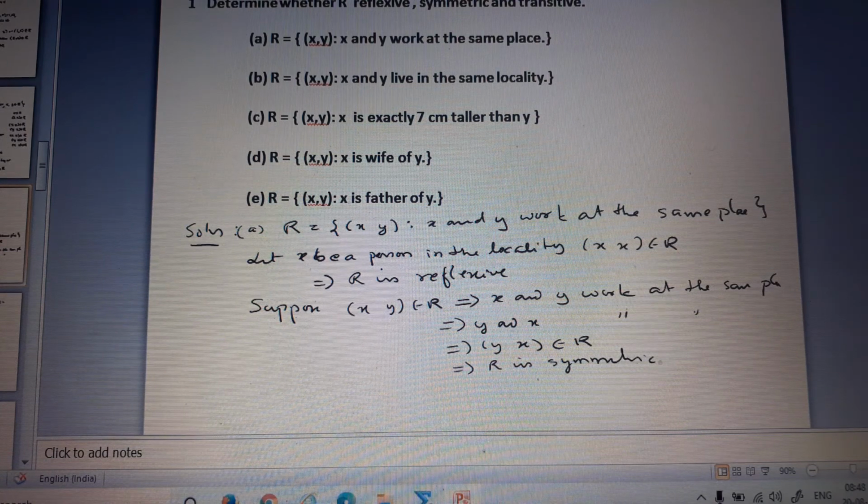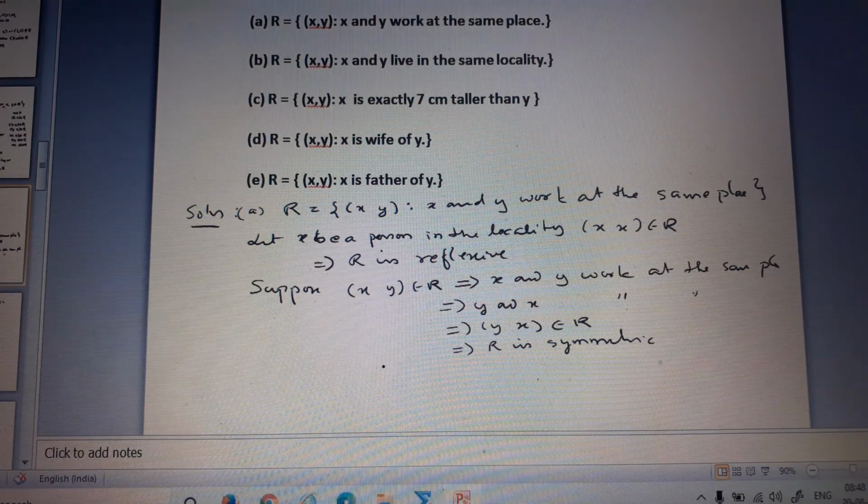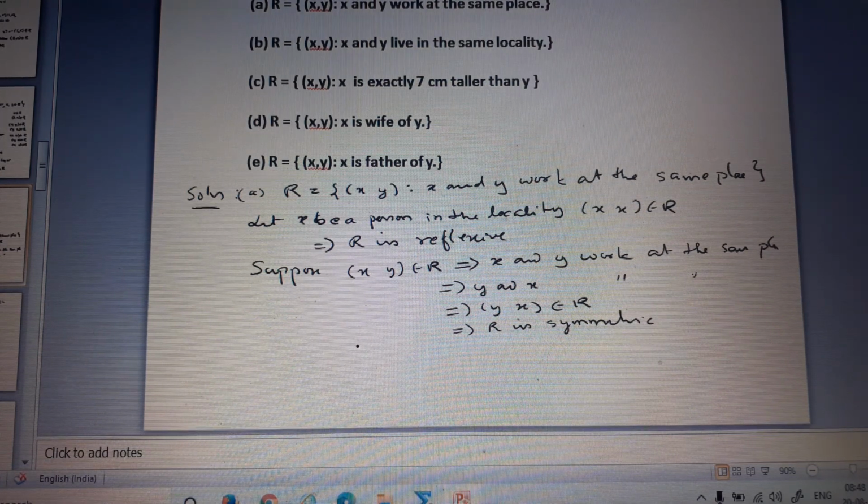Now can you say it is transitive also? Definitely, because your argument is like this. If x, y work at the same place and y, z work at the same place, naturally x and z also should work at the same place.